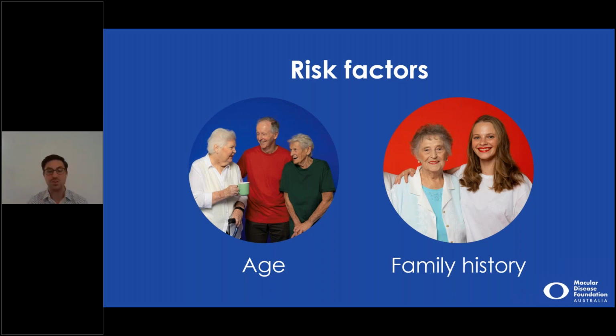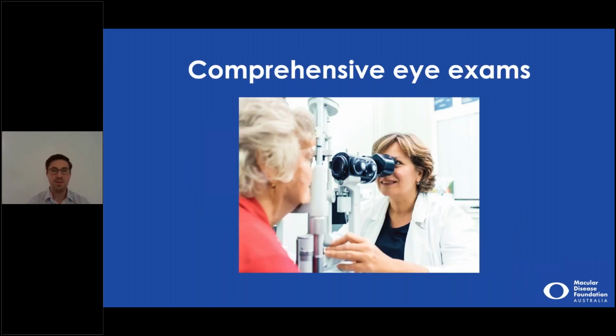So let's have a look at what we can do to reduce the risk and the likelihood of progression of AMD. Firstly, I've said it before, comprehensive eye exams are a key part of early detection and therefore early action. It's only by going to an eye care professional that you will discover if you have an early stage of AMD.